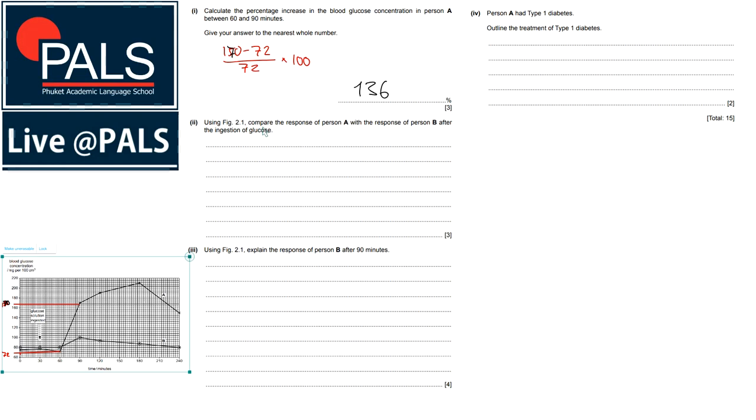Using the figure 2.1, compare the response of person A with the response of person B after the ingestion of glucose. So we can see for the first 30 minutes, actually, no, this is where the glucose drink was drunk. After 30 minutes, so the first 30 minutes, a similar response.